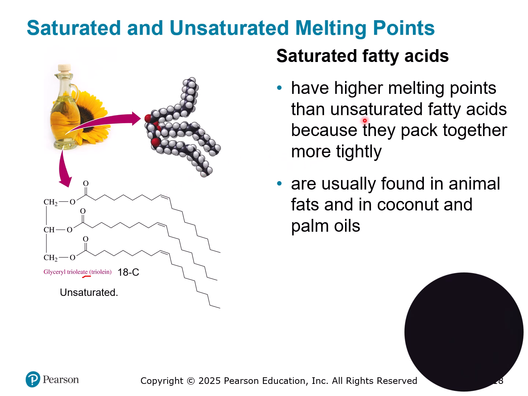So that would make it saturated, and that would effectively increase the melting point. You would have a higher melting point when you get rid of degrees of unsaturation because they could pack together tightly. And animal fat, coconuts, palm oils all have more saturated fats than not.